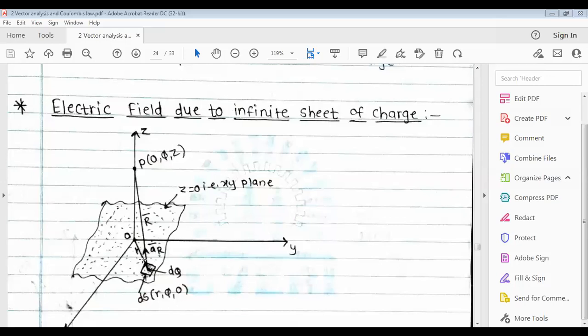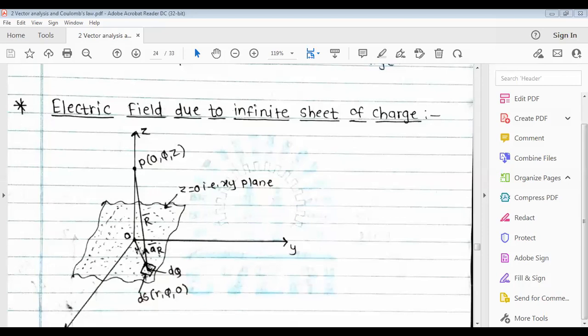Therefore, the coordinates of this surface area ds are r, phi, and z. Why is it r? Because you can take the radius from origin to this point, that is point ds or dq, right? R is present, means the radius of the cylinder is present.